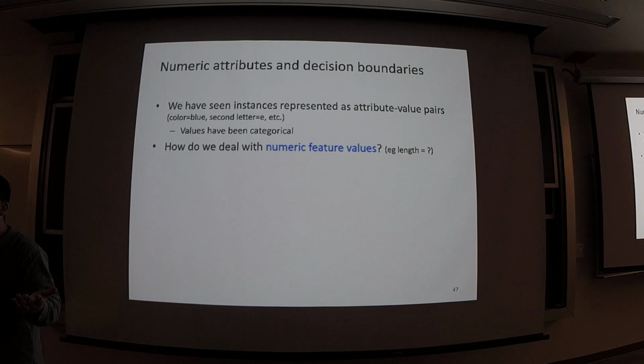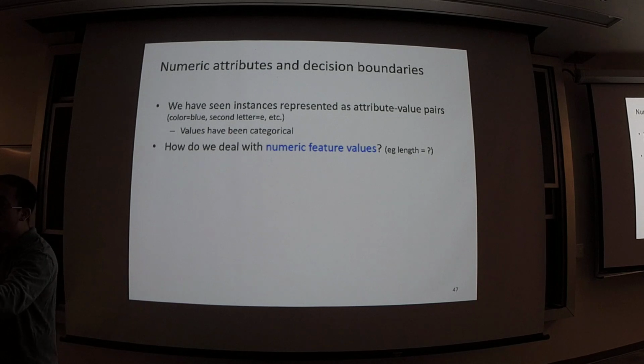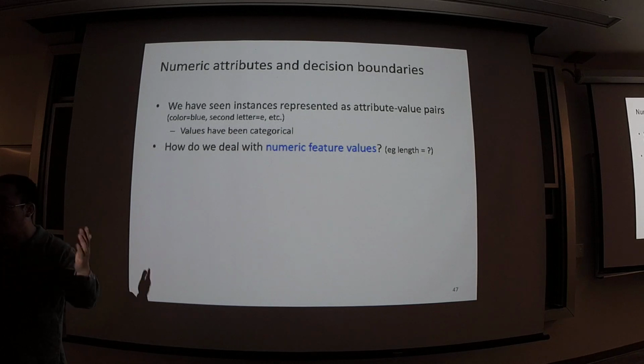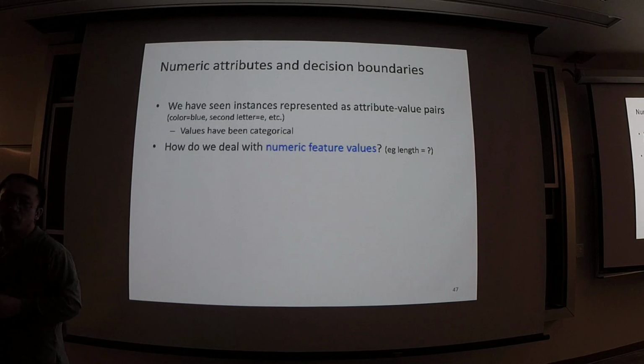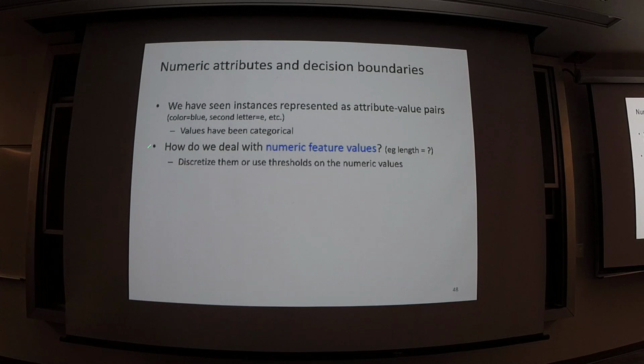Or even simpler, I can set up one single threshold, and then I just test whether the feature value is below the threshold or bigger than the threshold. In this way, your numerical features are turned into categorical or binary features, and with that, you can continue to expand your trees. So discretize them or use thresholds on the numerical values.